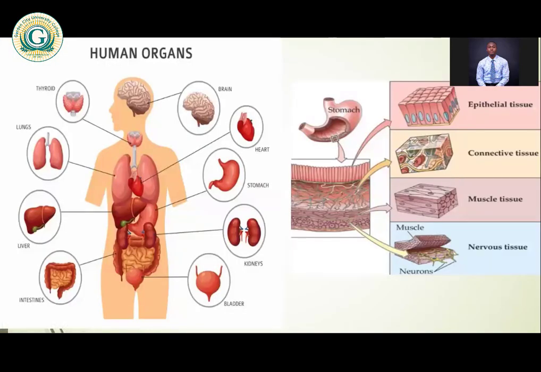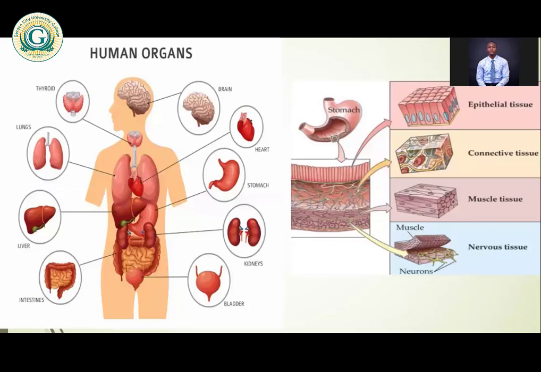So we have a lot of organs in the system, and I'm sure we know almost every organ as clinicians working with humans. We know all organs of the human body. So you can look at the different tissue components of the organs for further reading or studies.